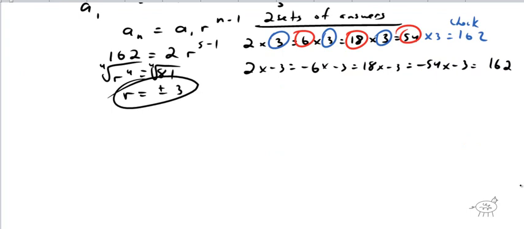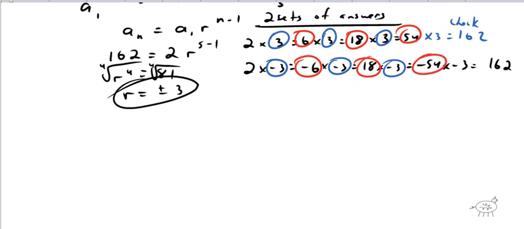Okay, so if I look at the values here, my answers, there's my negative 3, which again, that's what r is, and then my answers are going to be negative 6, positive 18, negative 54.